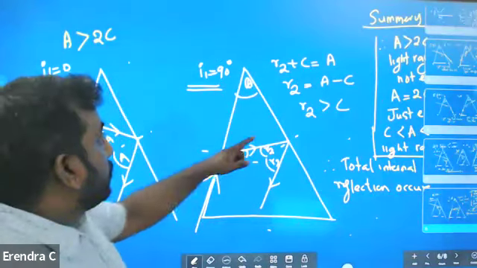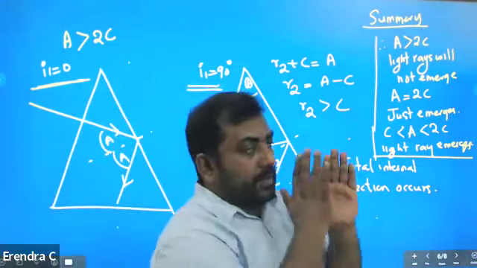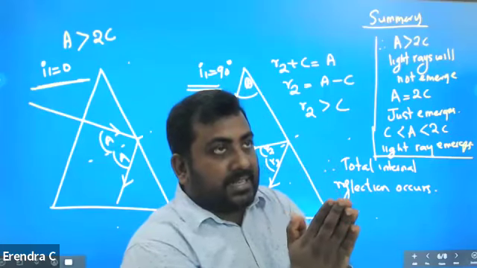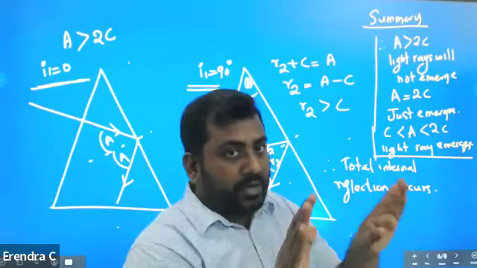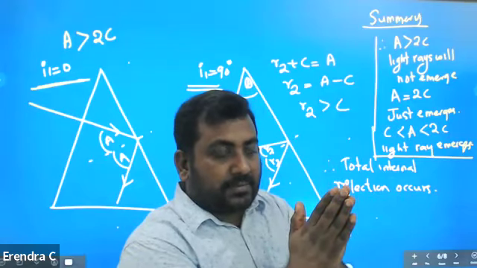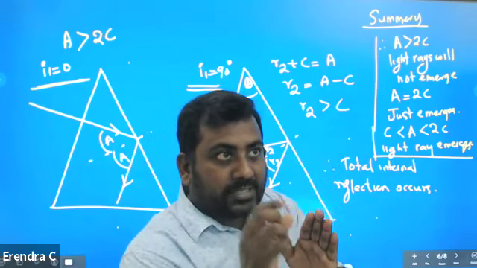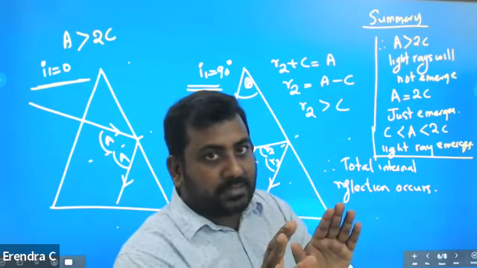A greater than 2C does not emerge. That means when A is larger than C, I equal naught won't emerge. A equal to 2C just emerges with I equal 90. A greater than 2C, I equal 90, won't emerge.